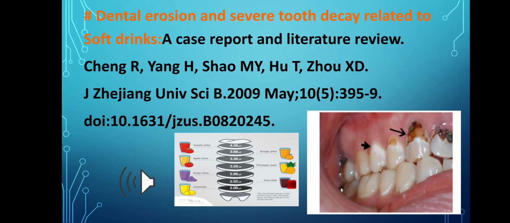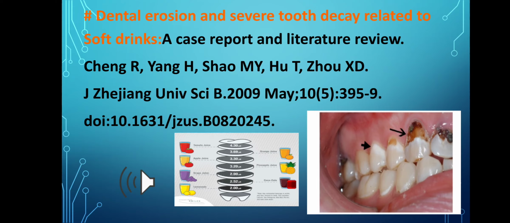25-year-old man complaining of severe wearing out of the front teeth during the past 3 years. He had a history of drinking cola for more than 7 years and had poor oral hygiene. Severe decay was present in the incisors and the canines, while less severe lesions were noted on the premolars and the molars.